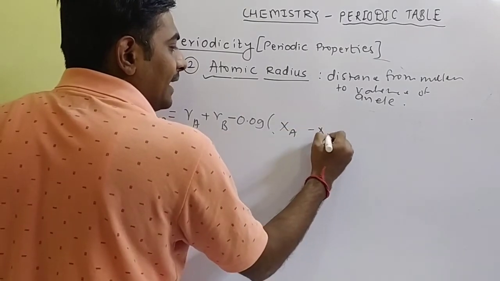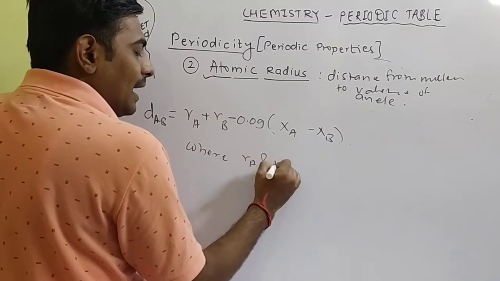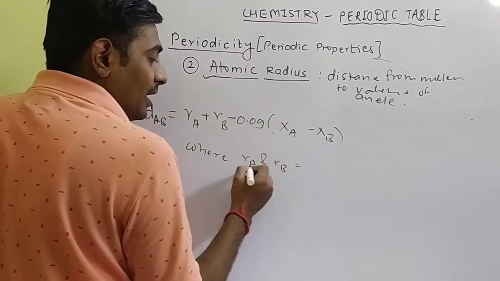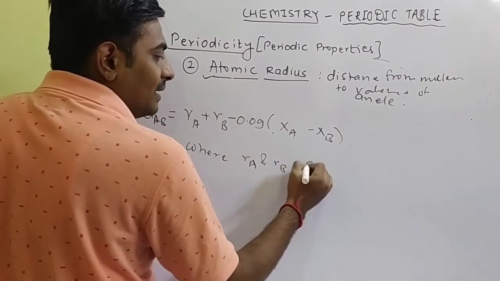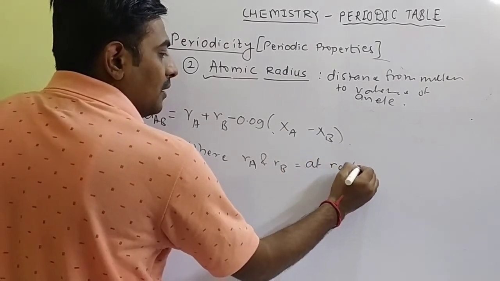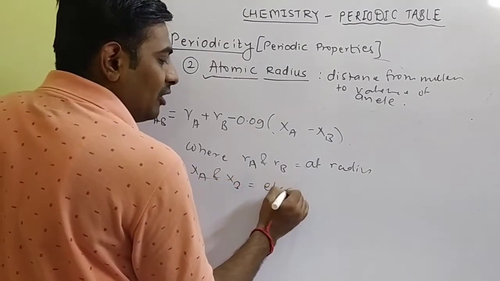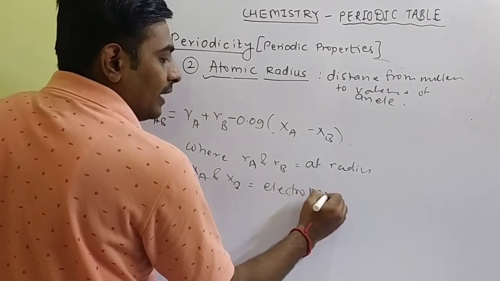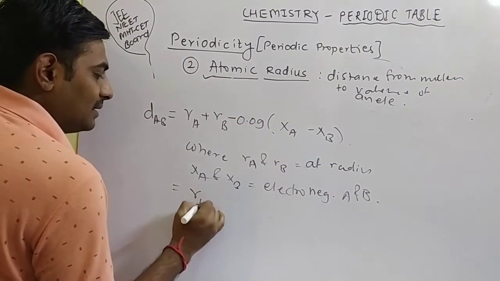XA minus XB, where RA and RB are the atomic radii, and XA and XB are the electronegativity of A and B. Generally it is termed as a constant value.